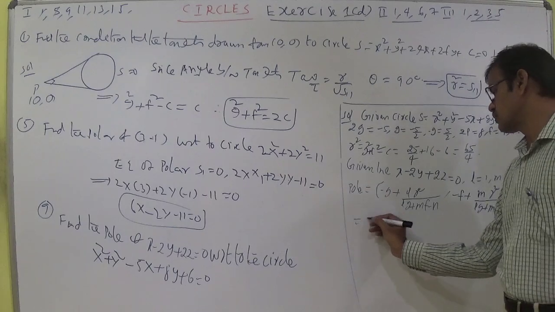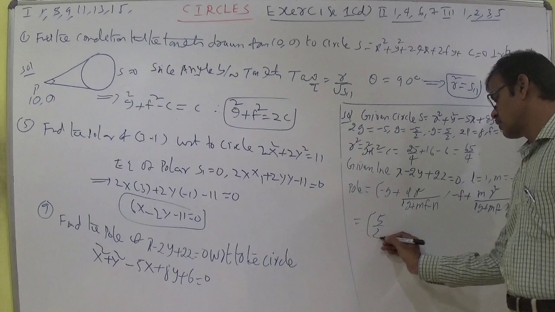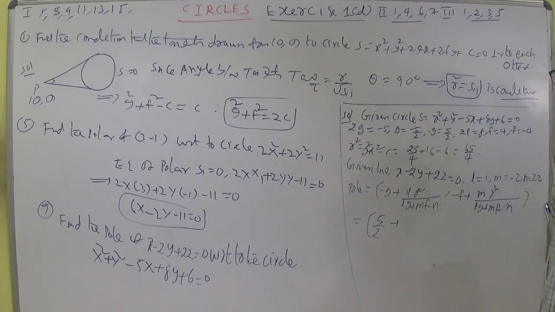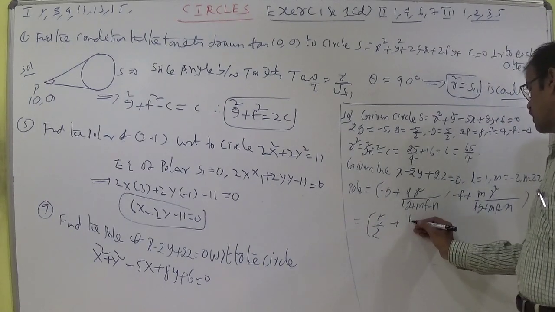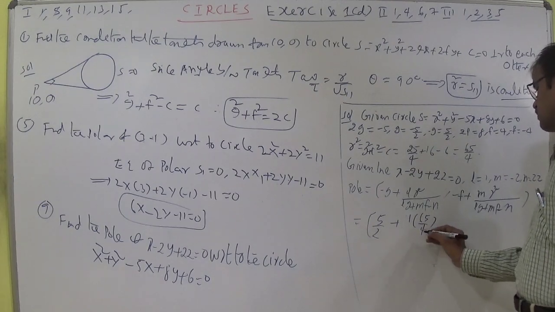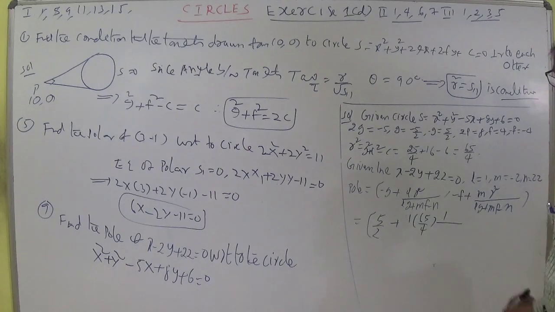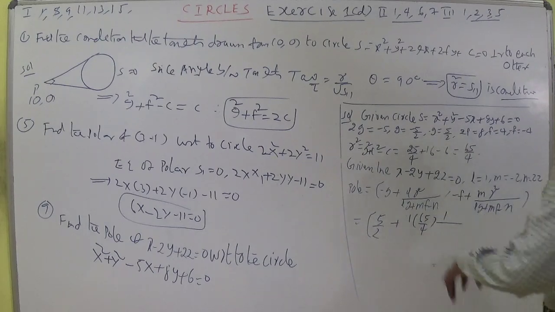So that is equal to the value: -g is 5/2, plus L is 1 into r² which is 65/4, divided by Lg + Mf - n. What is Lg?